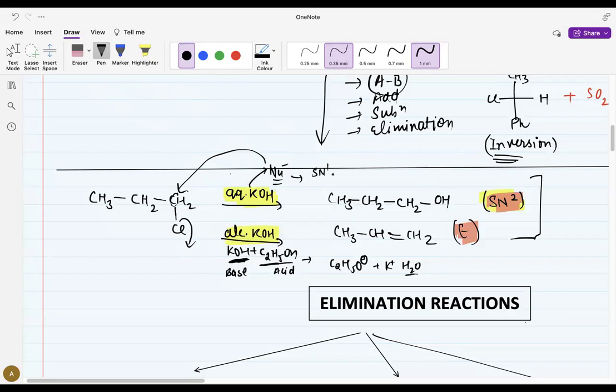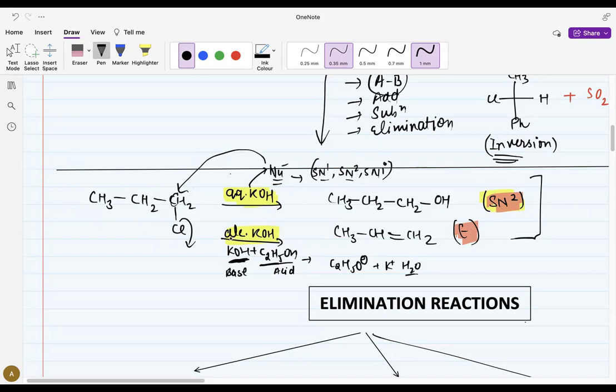It could be SN1, SN2, or SNi, depending upon the substrate, the leaving group and the nucleophile. If the substrate is 3 degree, SN1 will happen. If it is, let's say, a 1 degree substrate, SN2 will happen. If it is benzylic or allylic, SN1 will happen because of carbocation stability. If steric hindrance is there, you can't do SN2. If you have a smaller substrate, you can do SN2 reaction.